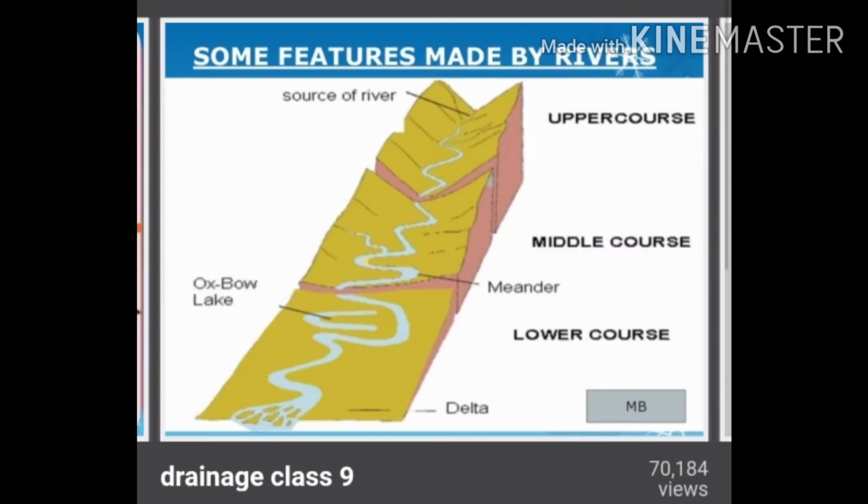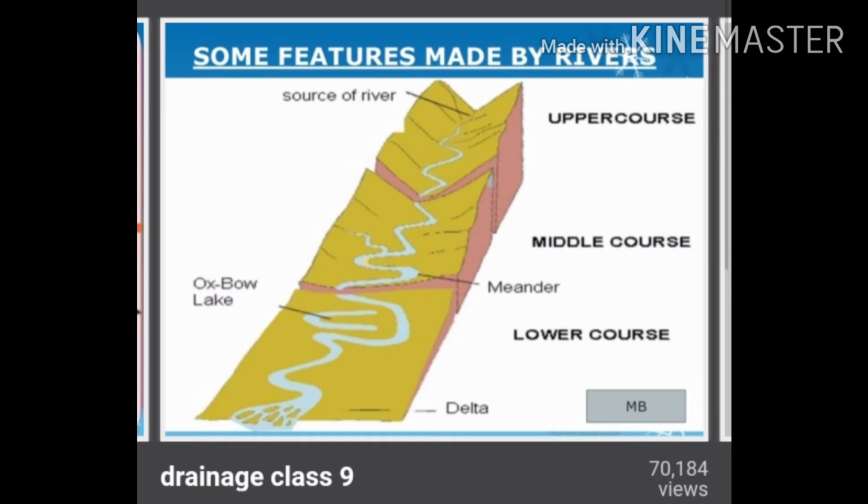Now we will talk about some features made by the rivers. As we know, we divide one particular river into three major courses: the lower course, middle course and the upper course. The upper course is the origin point from where the river originates, and in the middle course it flows at high speed.